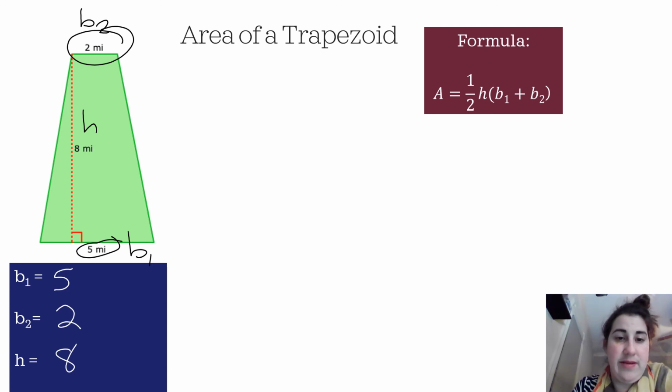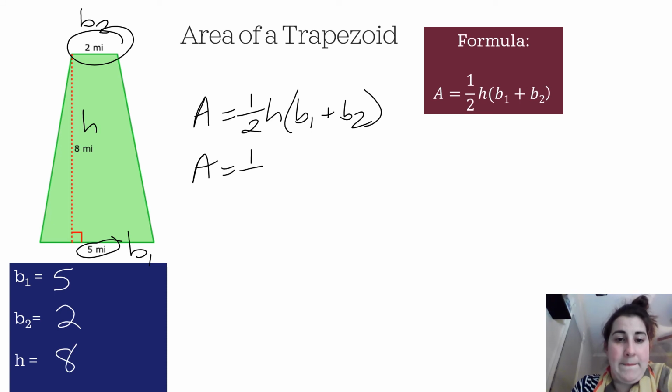So let's put that into the formula. Area equals 1/2 times h, b1 plus b2. 1/2 times 8, and then my bases of 5 plus 2.